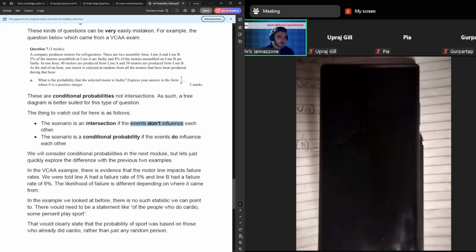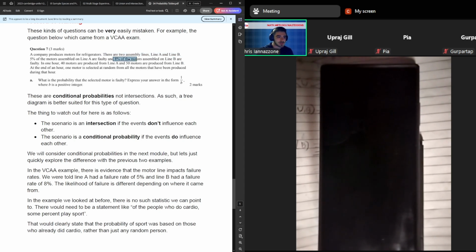Basically, if the events don't have influence on each other, like if one can happen without the other, then what you're talking about will likely be an intersection. Whereas if the scenario that's presented to you can only exist in that context, then it's likely conditional on that context.